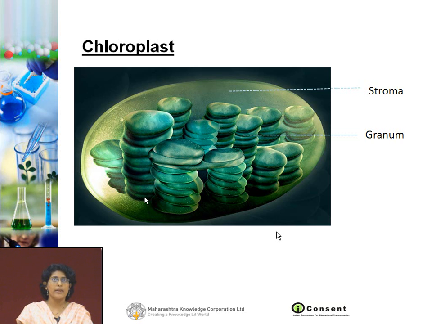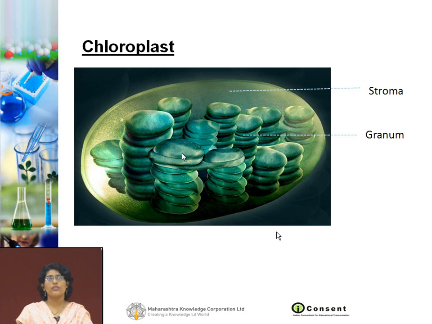When such an arrangement is present, this stack is called a granum, and plural grana. So granum is nothing but the stacked thylakoid membrane, and inside this membrane chlorophyll molecules or chlorophyll pigments are present which carry out photosynthesis.